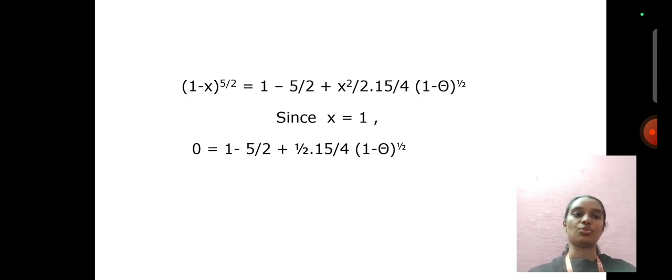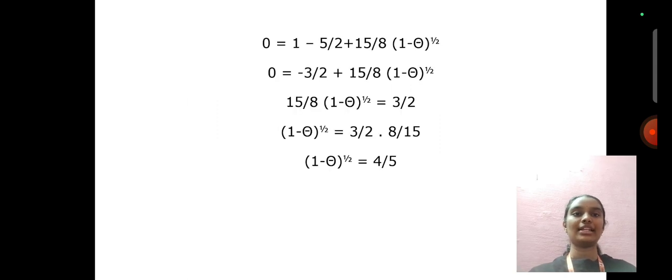As 1 - 1 equals 0, we get the above equation. Then 0 = 1 - 5/2 + 15/8 (1 - θ)^(1/2). Since 1 - 5/2 = -3/2, we get 0 = -3/2 + 15/8 (1 - θ)^(1/2).